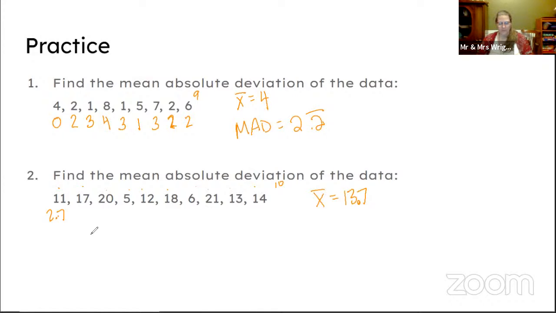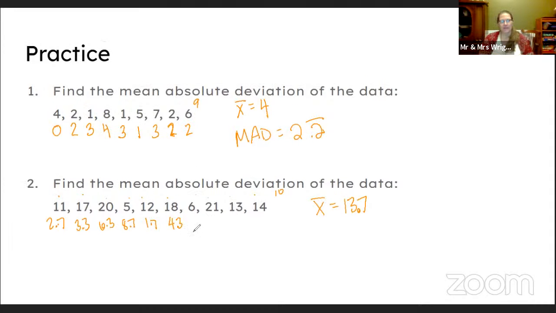So 17 minus 13.7 is 3.3. So in this case, I'm going to alternate between whichever number is larger and subtract that. That way I can always have an absolute value. So 20 minus 13.7 is 6.3. 13.7 minus 5 is 8.7. 13.7 minus 12 is 1.7. 18 minus 13.7 is going to be 4.3. 13.7 minus 6 is going to be 7.7.